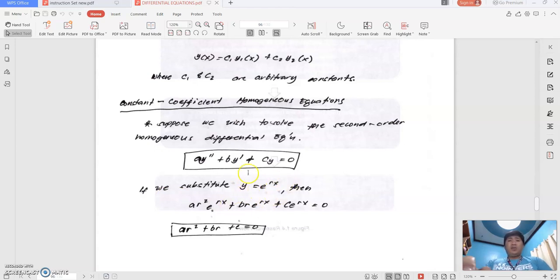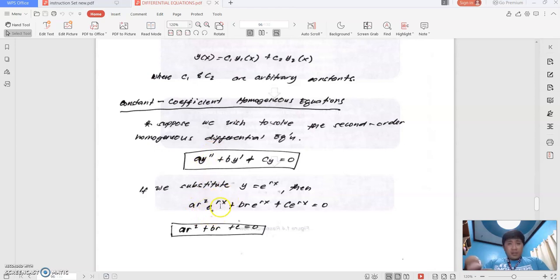Sir, how do we get this one? Later, in the example, you will know how to get this e raised to the power of rx. If you already know your value here, you just substitute your y double prime as e^rx, which is your second derivative.